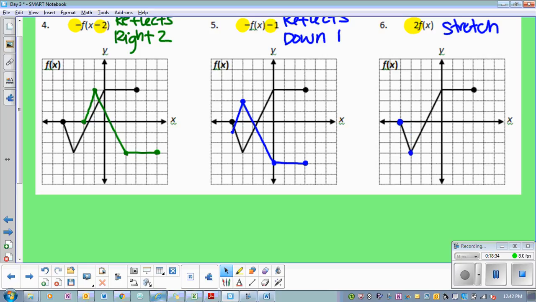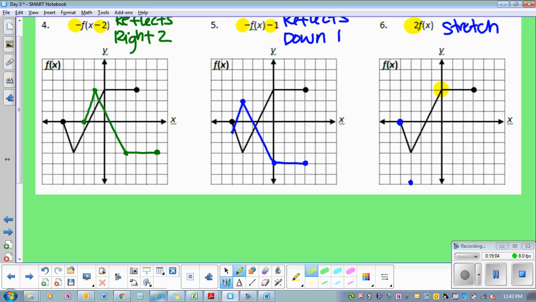But if it said multiply by 2, what's 3 times 2? 6. Okay, so now we have to go 6 down. 1, 2, 3. Like you have to double it, right? If they give you a number, a fraction, a negative sign, you're basically just multiplying that to your y value because this is a point, right? Okay, so there's that one.